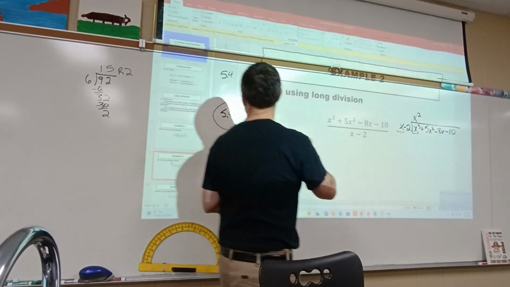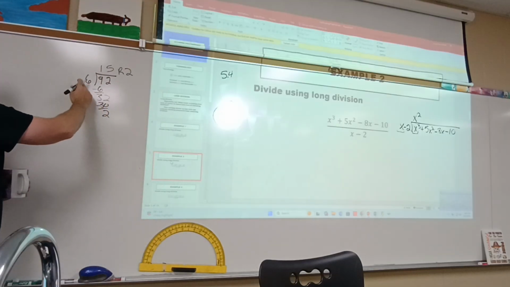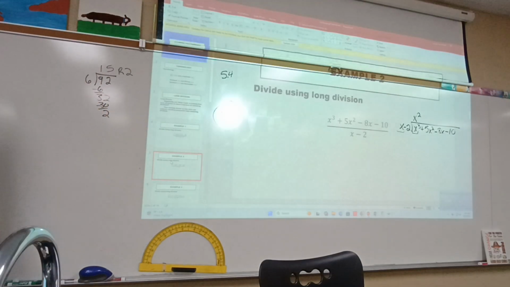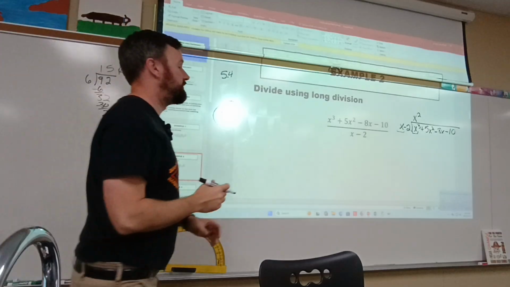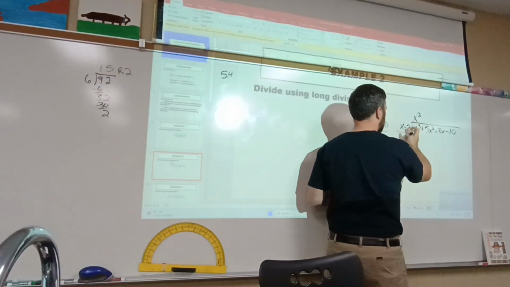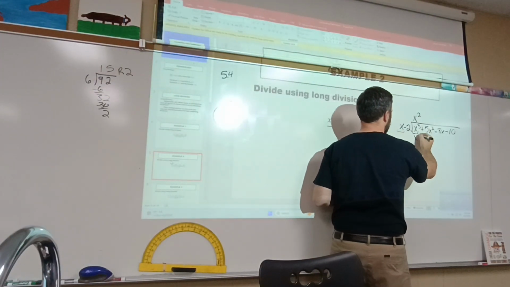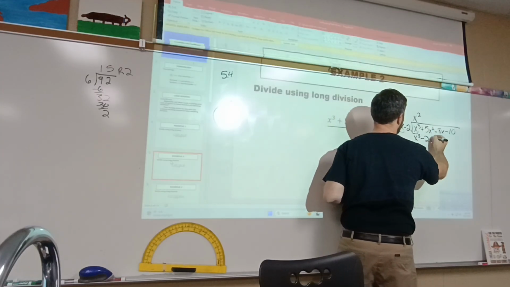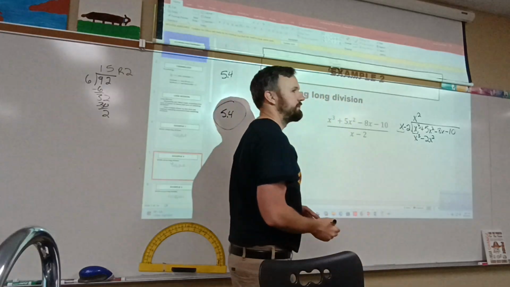And then just like I did over here, I did 1 times 6 is 6, right? And I subtracted it. So I do x squared times this is x cubed minus 2x squared, right?